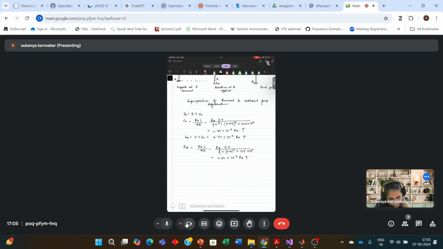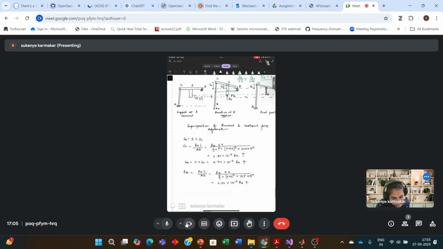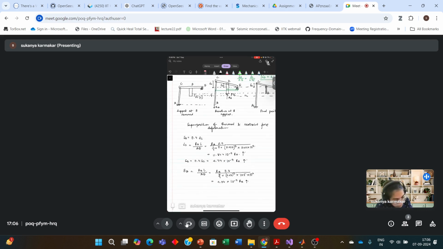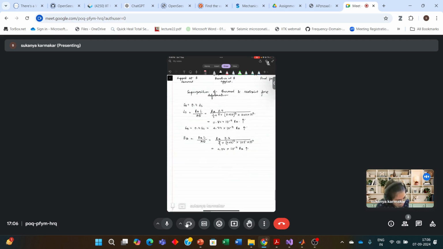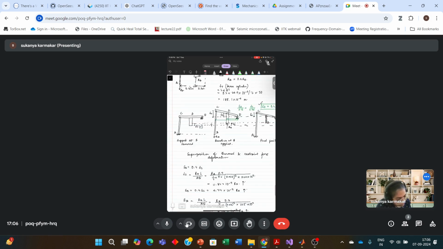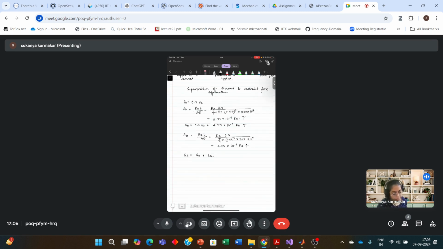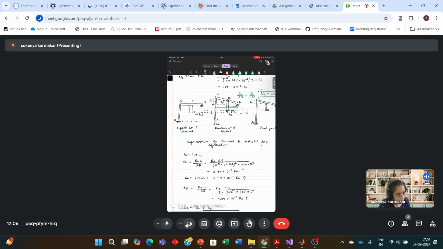So this entire deflection at D: because of the deflection in the member AC, there is deflection at D. So delta D plus delta B, which is because of the force in the bar BD.